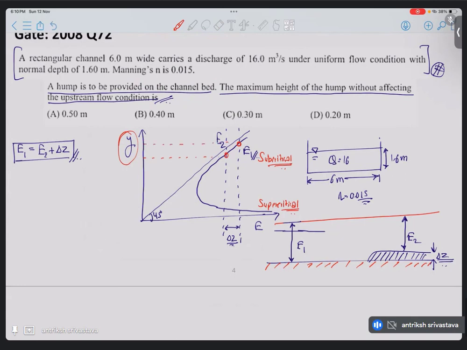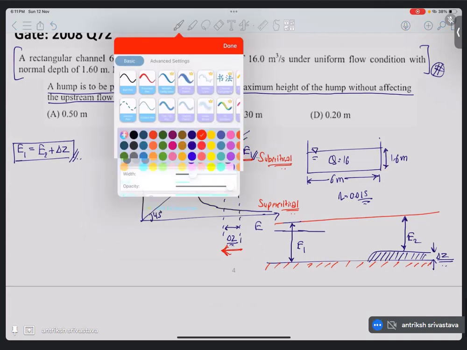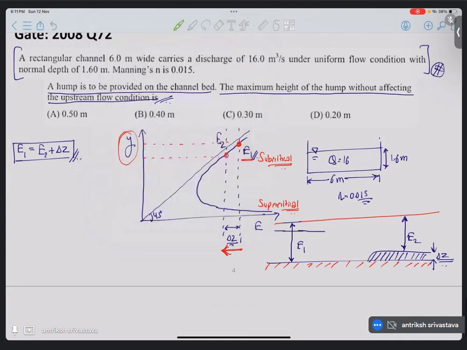Your specific energy has reduced from E1 to E2, and corresponding to that, your depth of flow is going to reduce. So if you look at your flow depth in these two cases, this is the one before your hump, and the one after your hump is going to be slightly lower if you have a subcritical flow. So y1 is greater than y2.